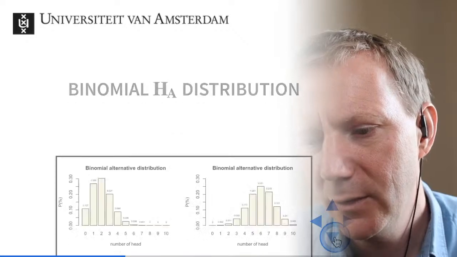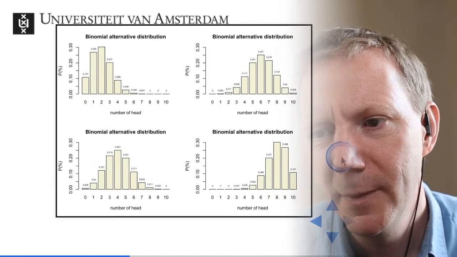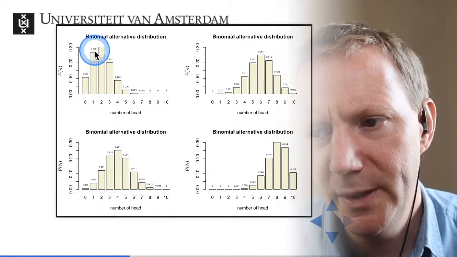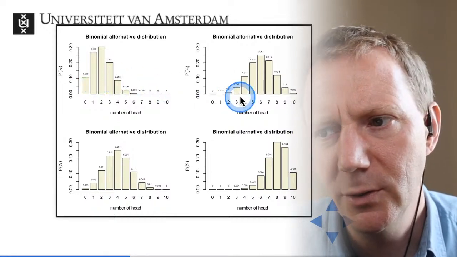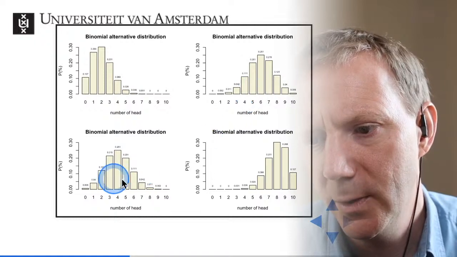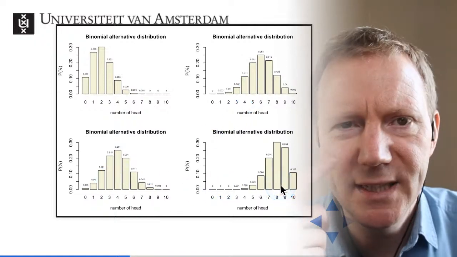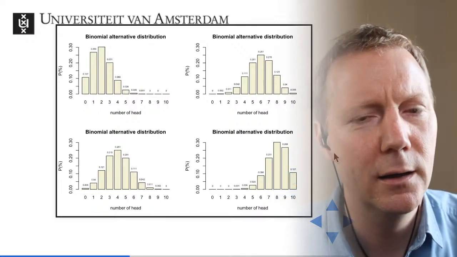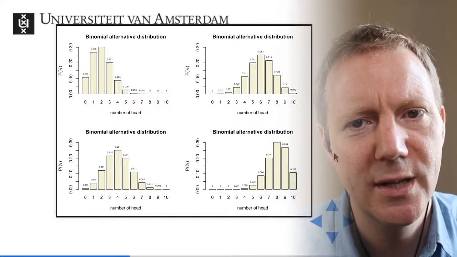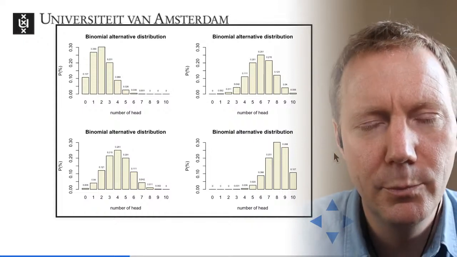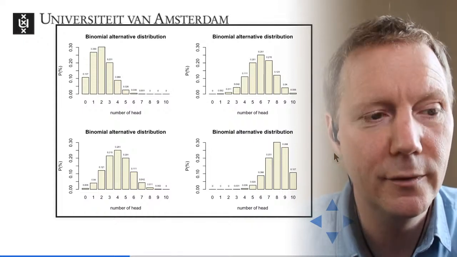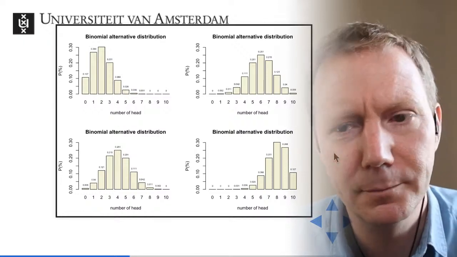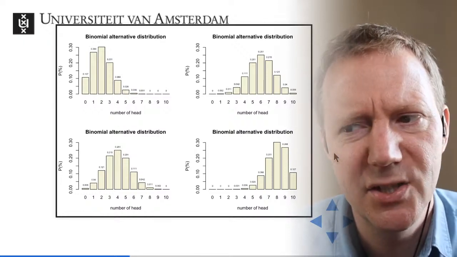Because if I have thrown 2 times head, then the alternative distribution, well, it could be this one, but it could also be this one, or this one, or this one. And last week I said, well, we'll assume for the sake of argument that our alternative distribution has a probability of landing heads of 0.25, but it's an assumption.